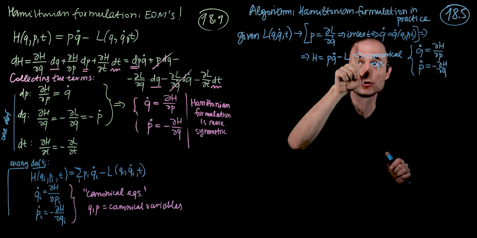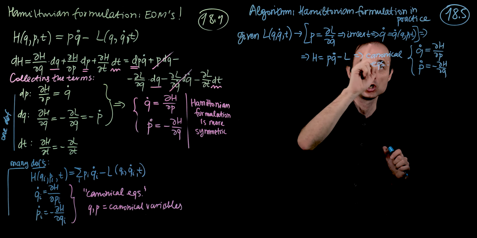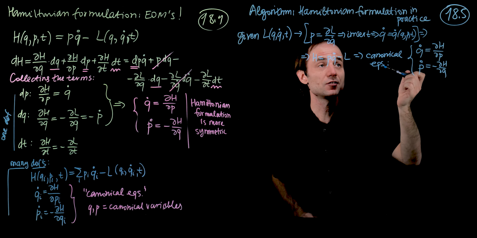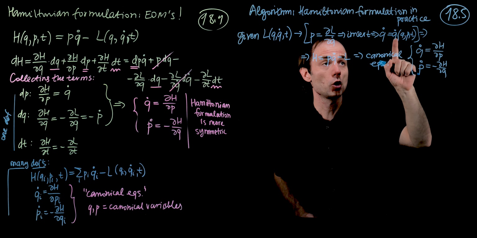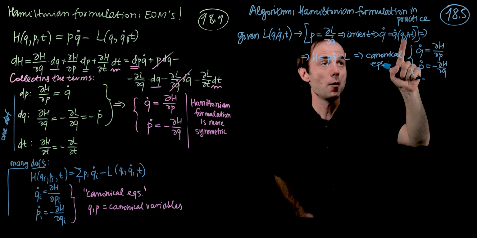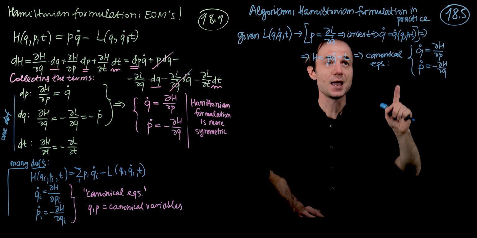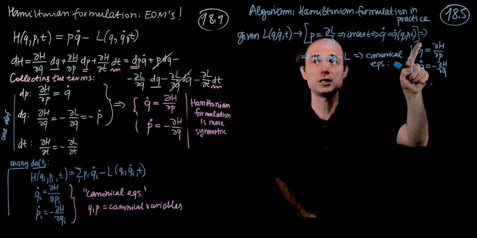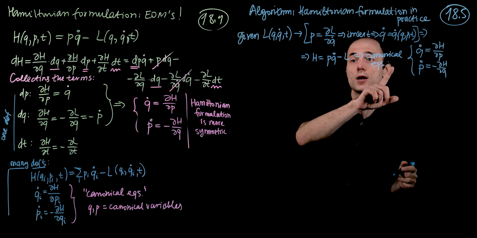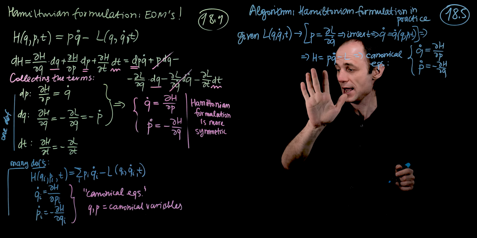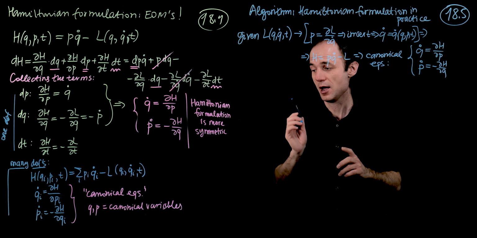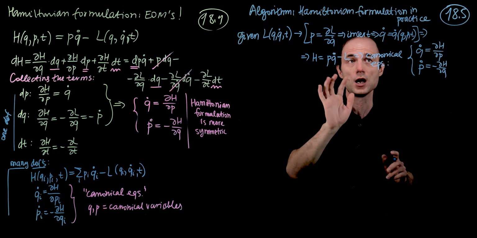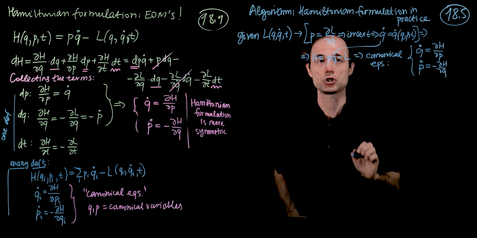Then we're going to invert the expressions for momenta to get the values of velocities expressed as a function of coordinates, momenta, and time. And now that we are able to eliminate q dot in favor of q, p, and t, the new coordinates, we are going to be able to compute H as a function of q, p, and t using this expression.